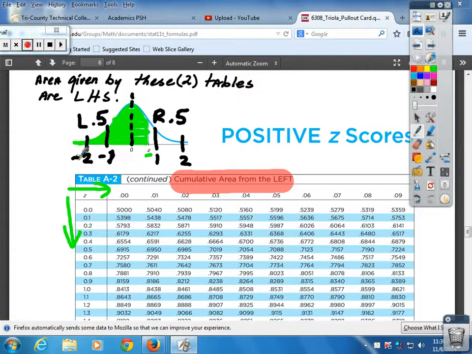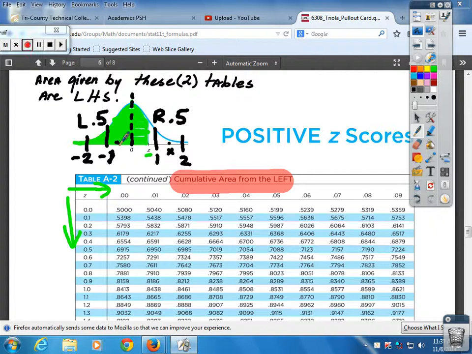So if you are on this side, if they put a dot right here and say, what is that z-score right there? What side are you on? You're on the right side. So what kind of z-score is that going to be? So you're going to look it up on this table. If you're on this side, if they put a dot right here, and they say, what is that z-score?